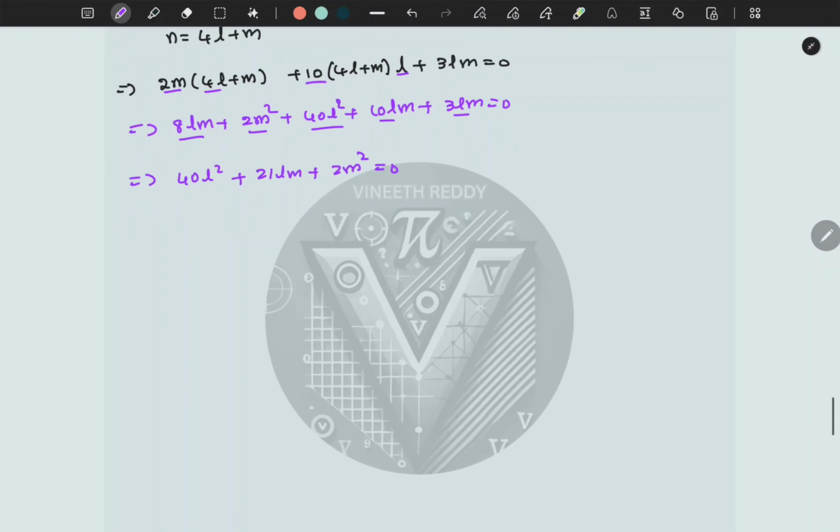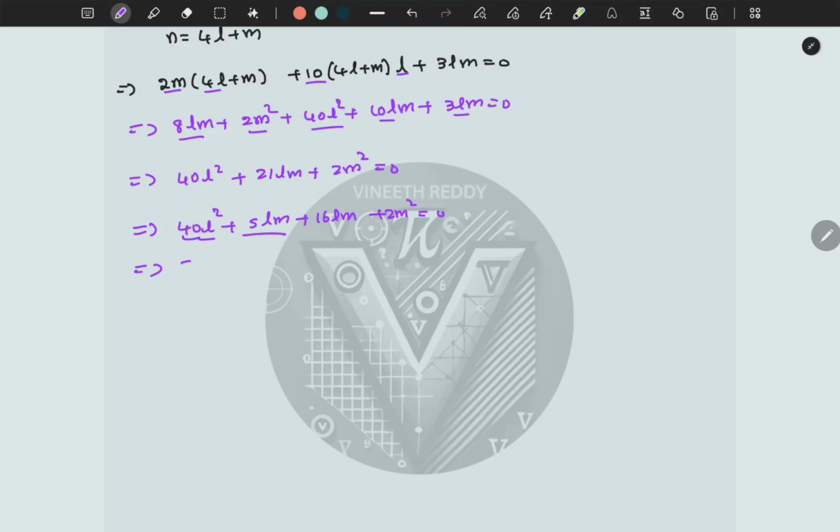How do I factorize it? 40 into 2 is 80, and 80 is 10 into 8, or 16 into 5. So we can write it as 40l² + 5lm + 16lm + 2m² = 0.